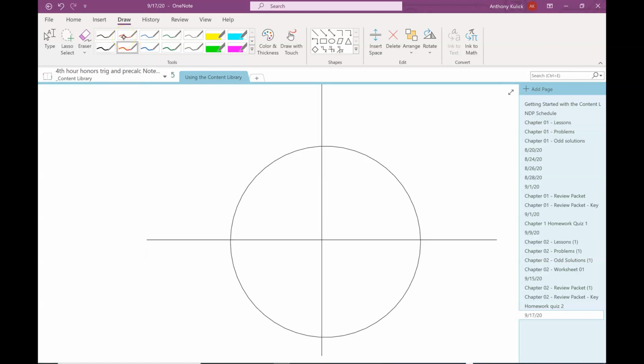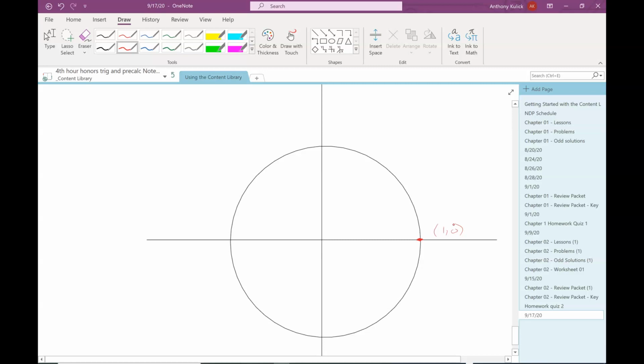So what point is this going to be? 1, 0, because we know the radius of this circle is 1. Everybody okay there?